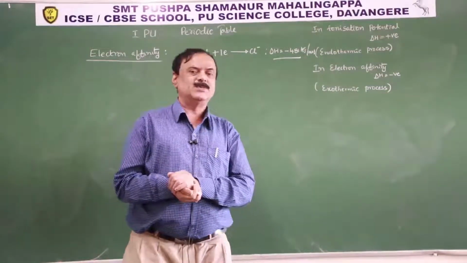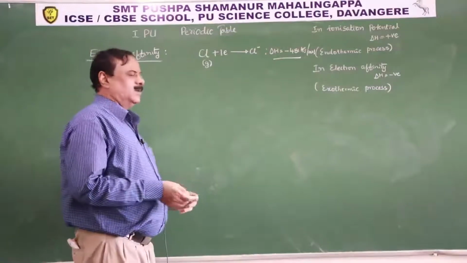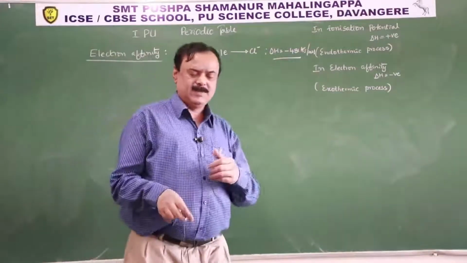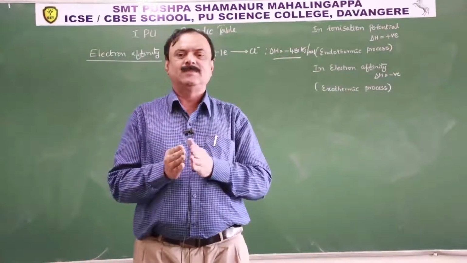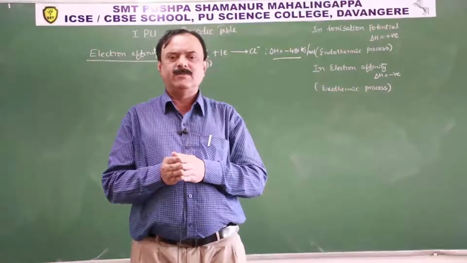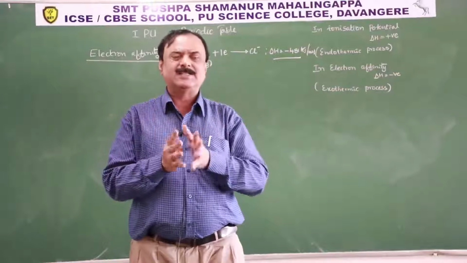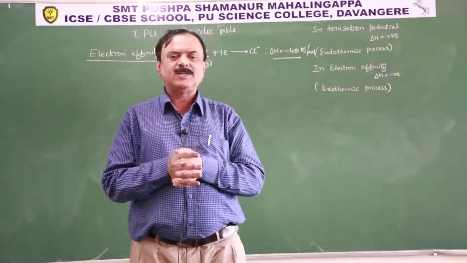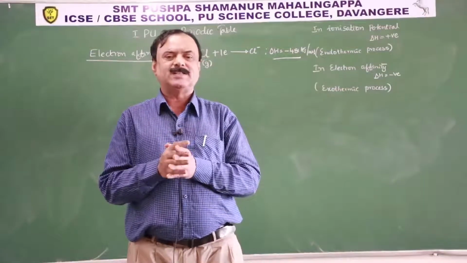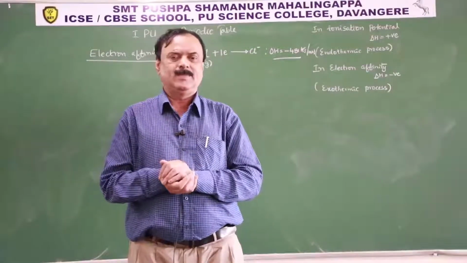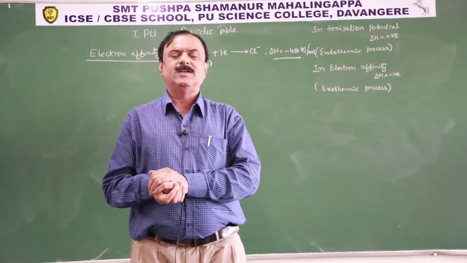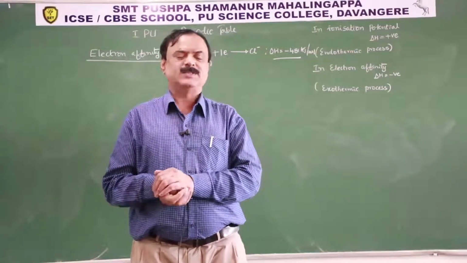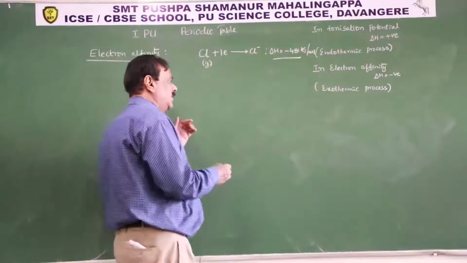Now, what do you mean by electron affinity? It is the amount of energy released whenever an electron is added to the neutral gaseous isolated state of an atom. Always anions are formed in this process. What is the difference?